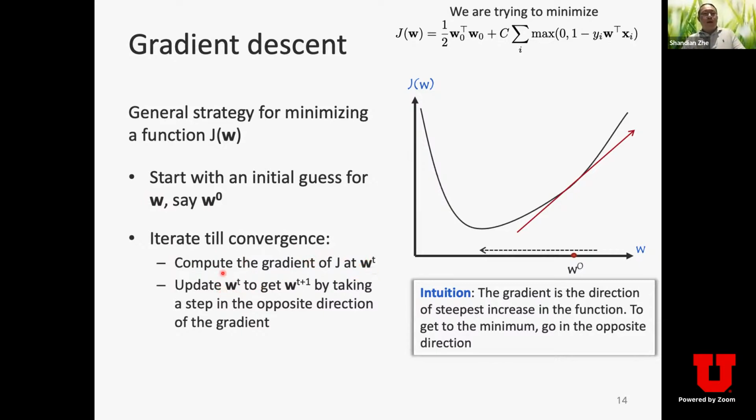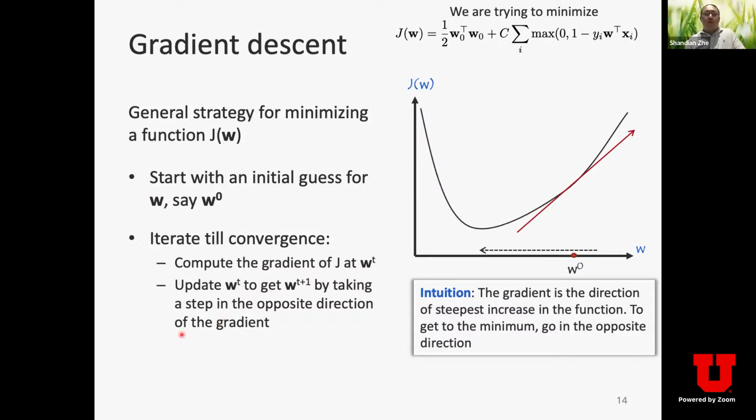Then we update our model parameters by taking a step in the opposite direction of the gradient. This is called gradient descent. Why do we take the opposite direction of the gradient? Because we want to minimize, and the gradient is the direction to increase the function. If you want to minimize the function, we need to follow the opposite direction of the gradient.